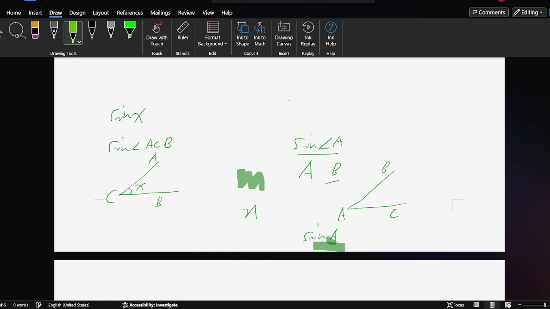Here, we can write X or M. This variable means a degree, for example 30 degrees or 70 degrees, but it can also be a number such as 1.5 or 100.